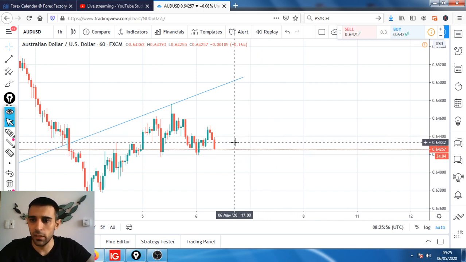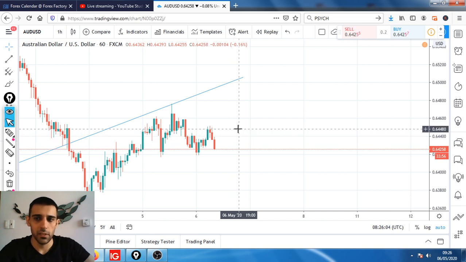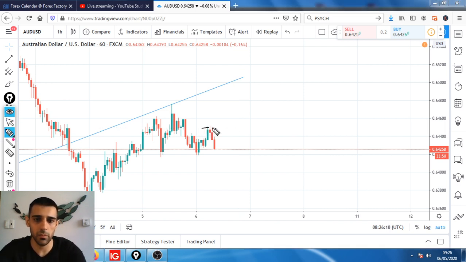So in your case, when you enter at 64.34, then it will be at 64.49, I believe, if my math is not failing me. So you position your stop loss somewhere up here.